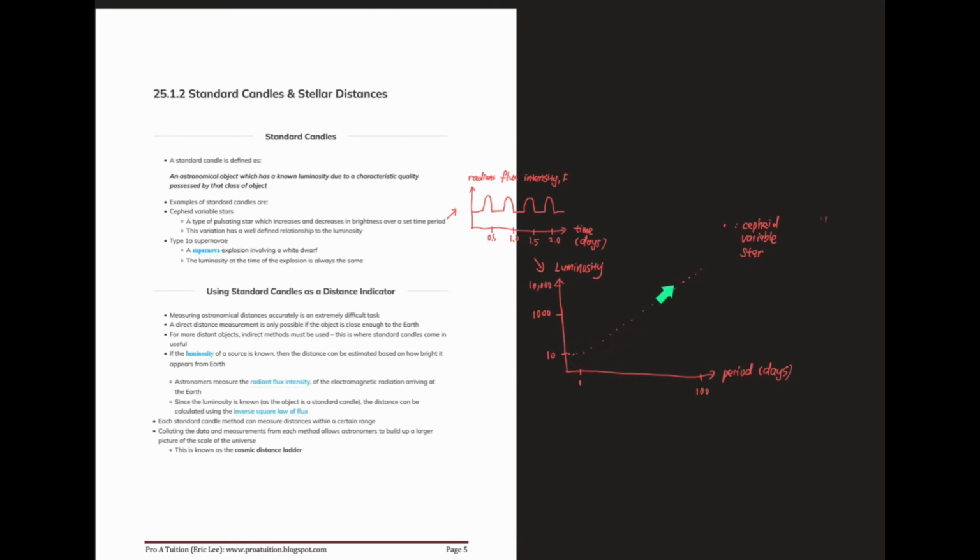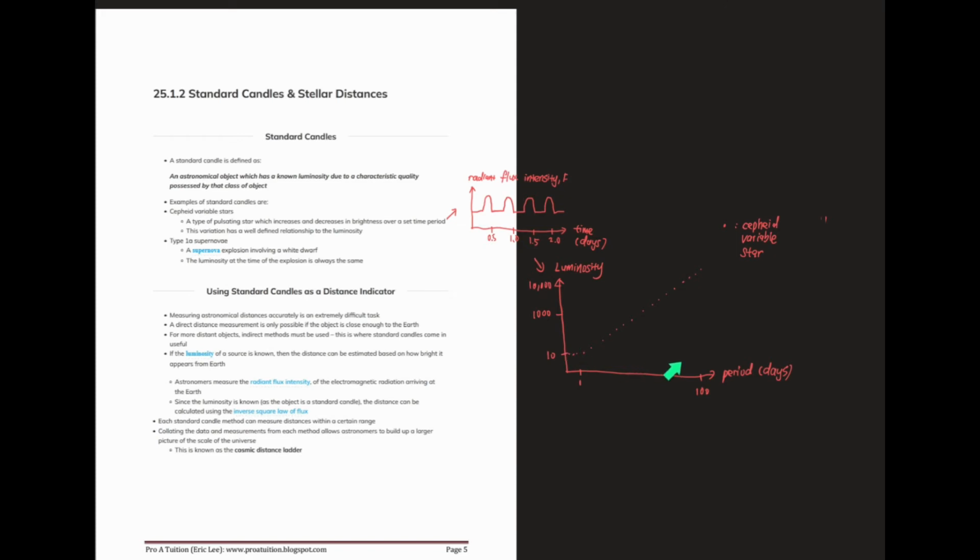So you mean the graph here? You see the label is period versus luminosity. Certain star takes 1 day to change from not bright to bright, and then you look at this point.